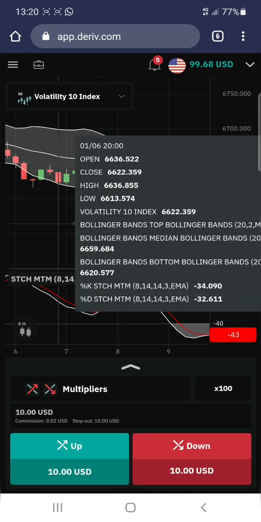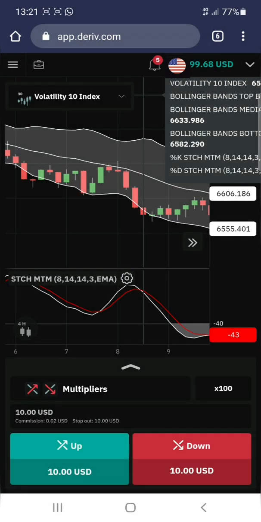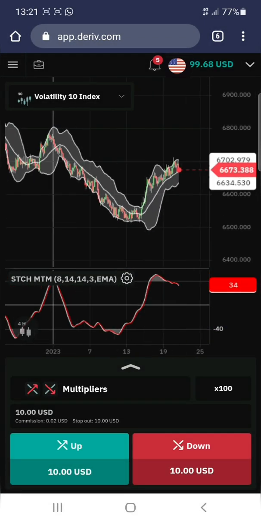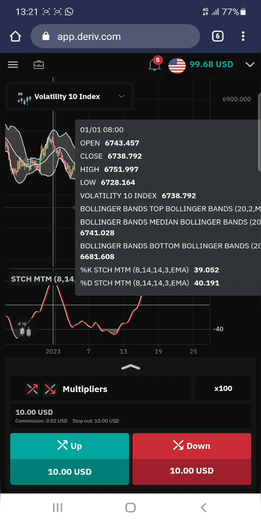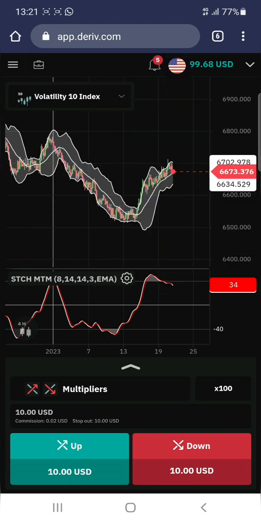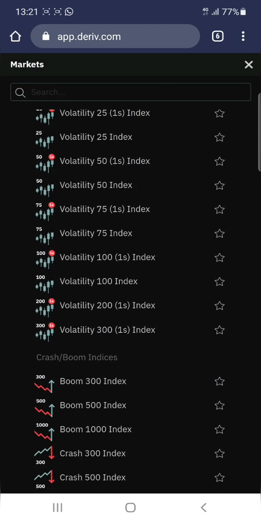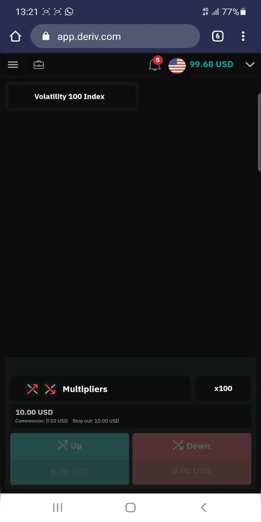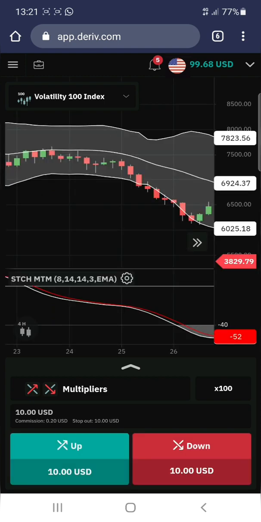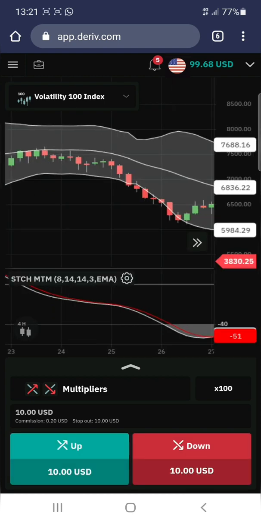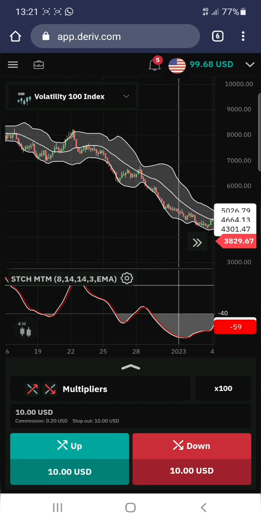So this will be more volatile than the 100 index. Mostly when I trade, I focus on the 75 and the 100 index. Those are my favorite to trade.